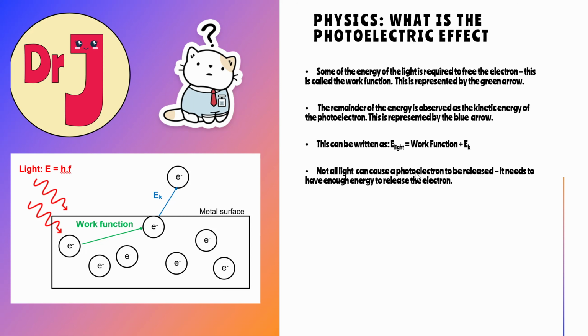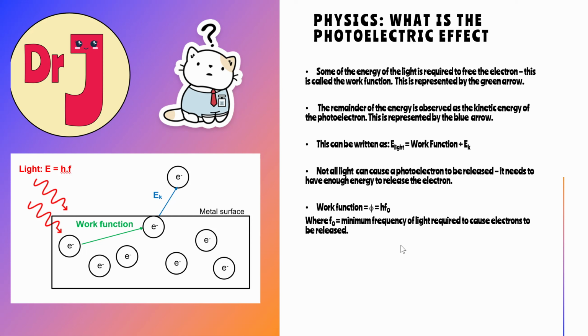Not all light can cause a photoelectron to be released. It needs to have enough energy to release the electron. That minimum energy is related to something called the work function, and the work function is specific to a metal. So the work function is equal to h times f naught, where f naught is the minimum frequency of light required to cause electrons to be released.